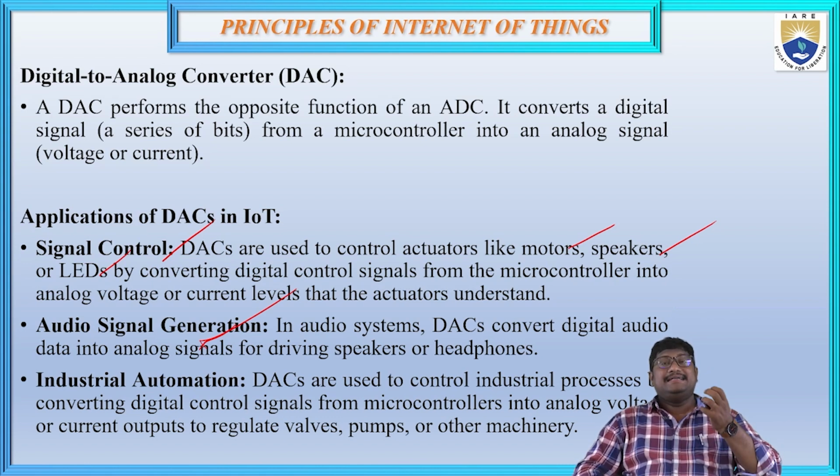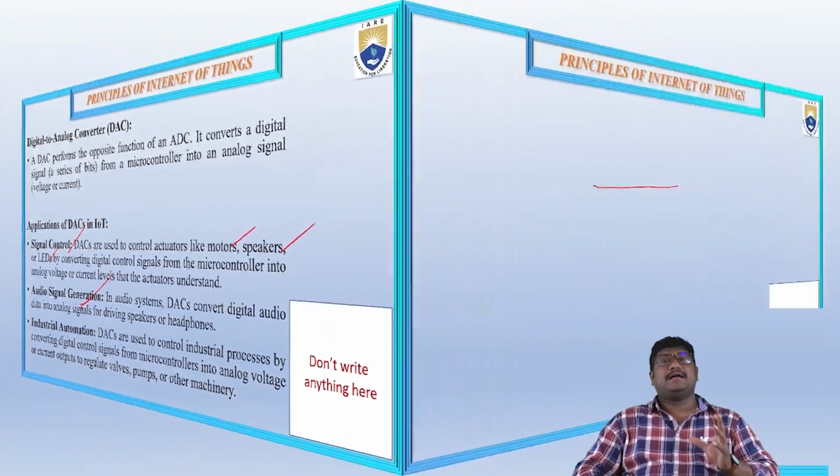In industrial automation, DACs are used to control industrial processes by converting digital control signals from microcontrollers into analog voltage or current outputs to regulate valves, pumps, or other machinery. This is how the applications of DAC are.